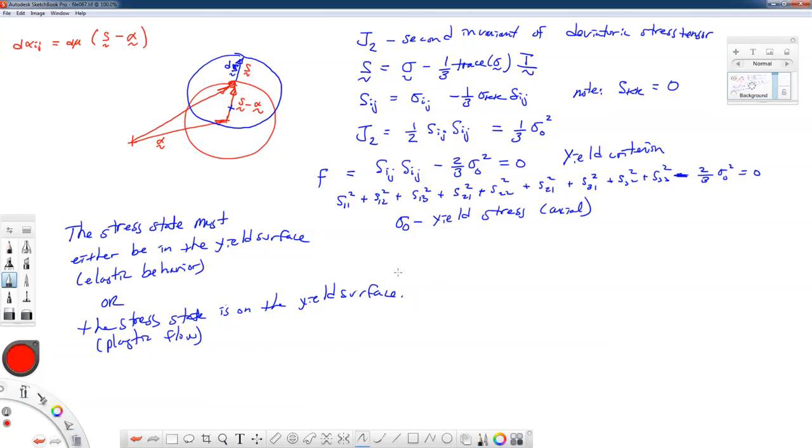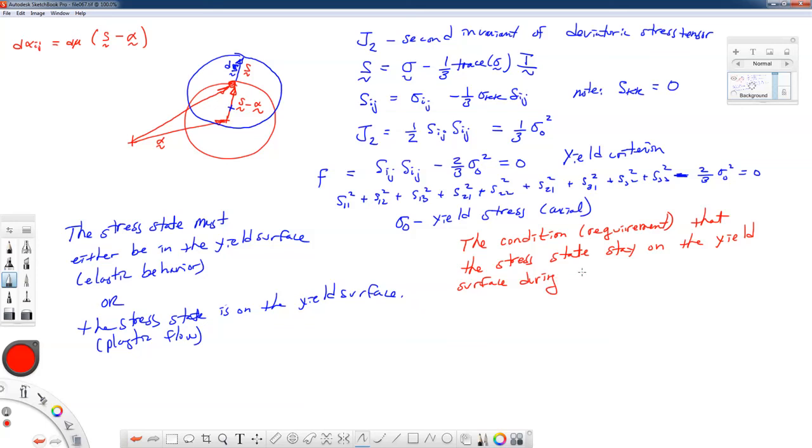Okay, let's change colors. So we can say the condition or the requirement that the stress state stay on the yield surface during continued plastic flow is the consistency condition.